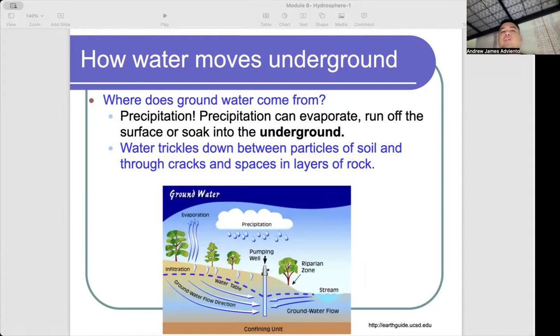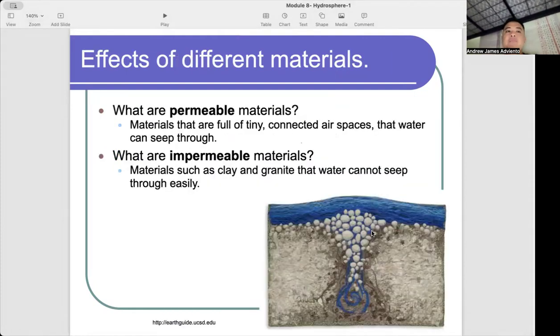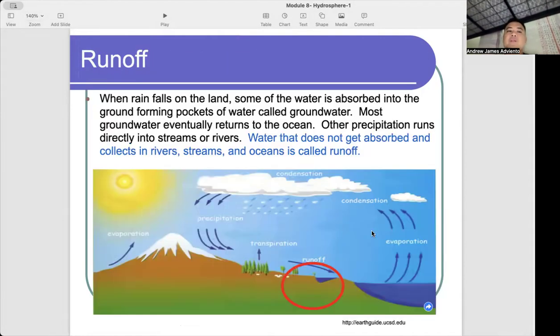So where does groundwater come from? It is from the precipitation or rain. It evaporates, runs off, and then of course infiltrates into the ground.